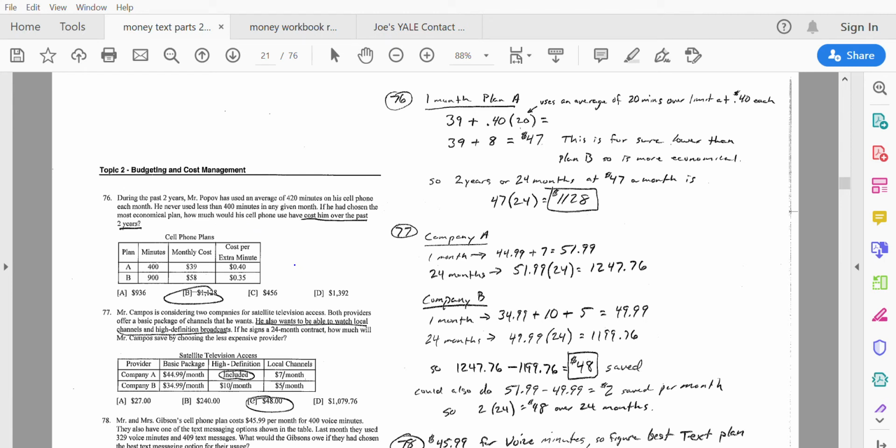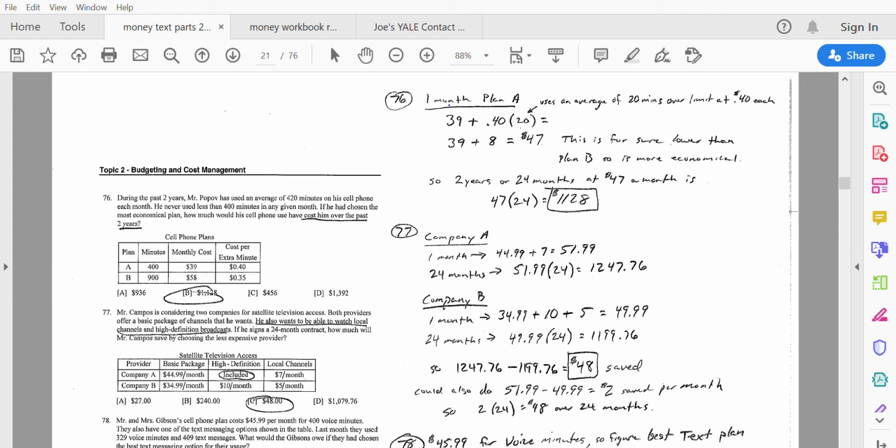So basically, what we have to look at is how much each plan would cost. Okay, and again, we're looking for 2 years' time. So let's look at Plan A, and what we're going to do first of all is look at 1 month at a time, and then we'll figure it out for the 2 years.